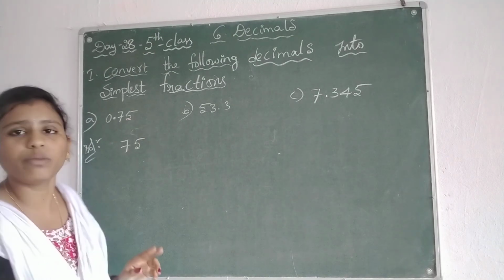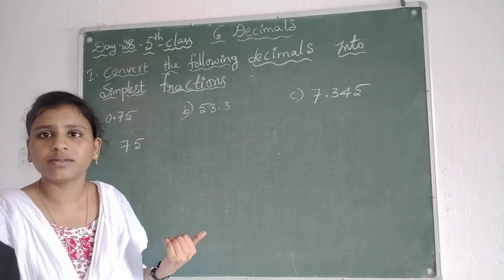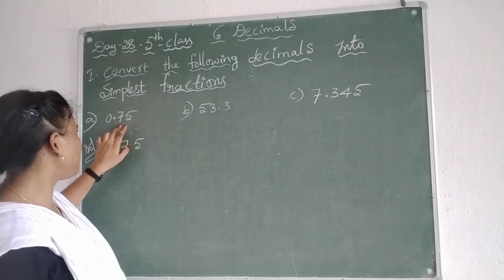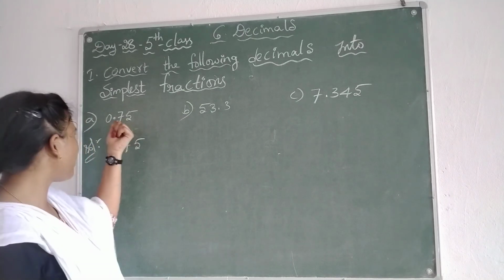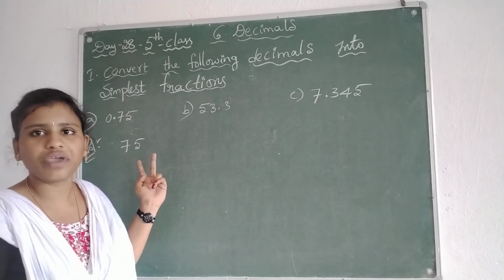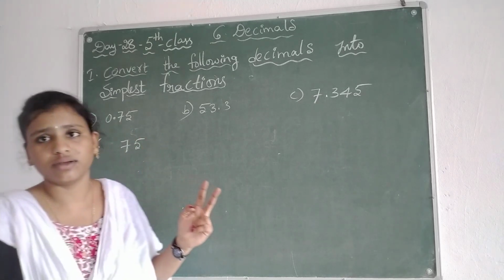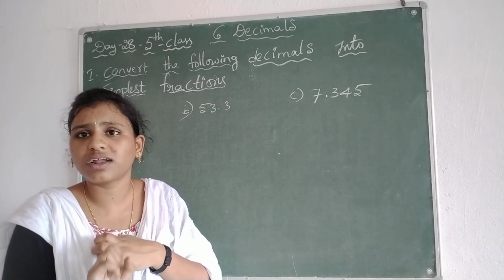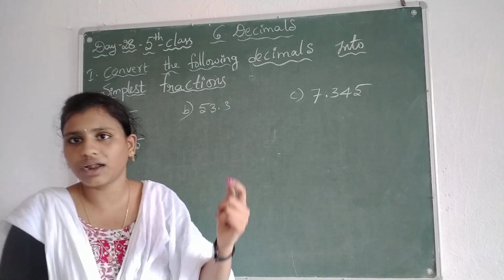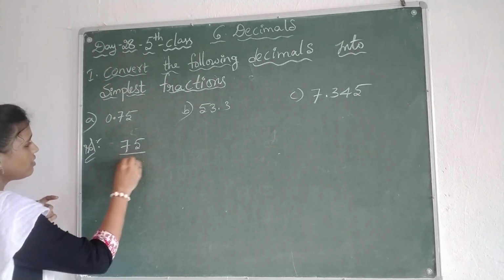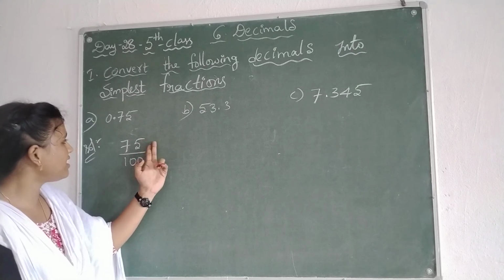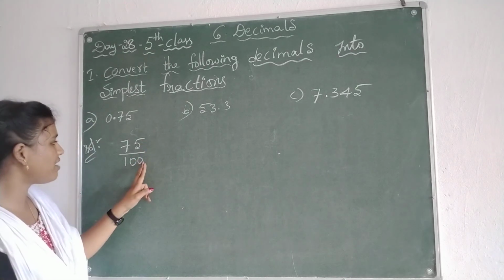So see here, how many digits do we have after the point? 2 digits after the point, 7 and 5. That's why, for 2 digits we take 2 zeros, the number is 100. So 75 by 100.